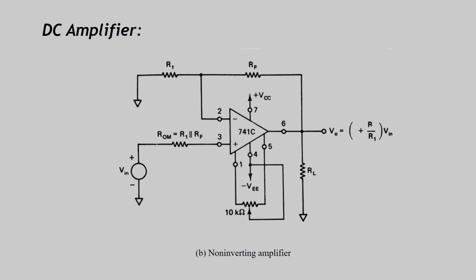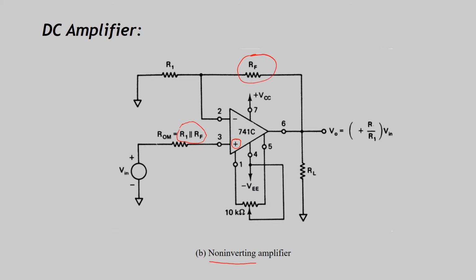So this is the circuit of the non-inverting amplifier. You can see the input is applied to the positive terminal through offset minimization resistance ROM, which is R1 in parallel with RF, where RF is the feedback resistance.